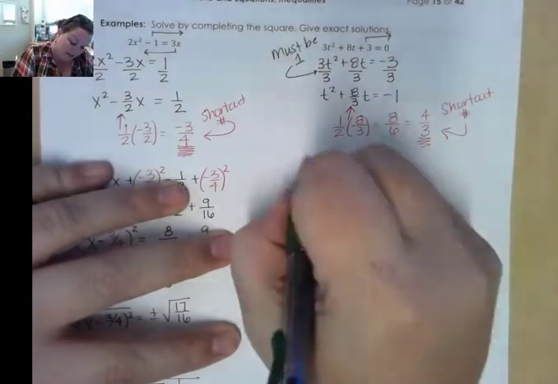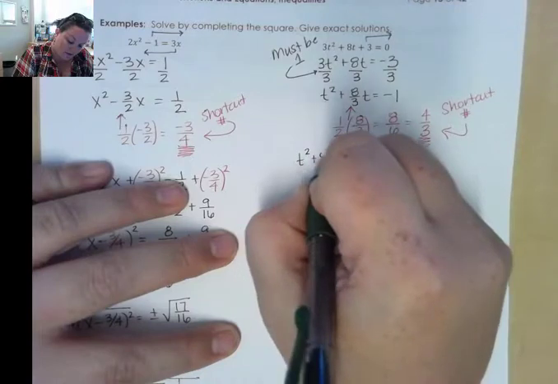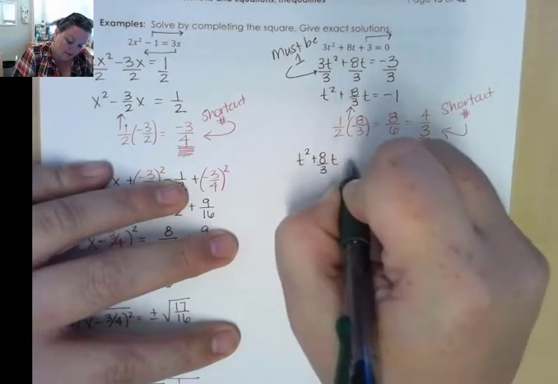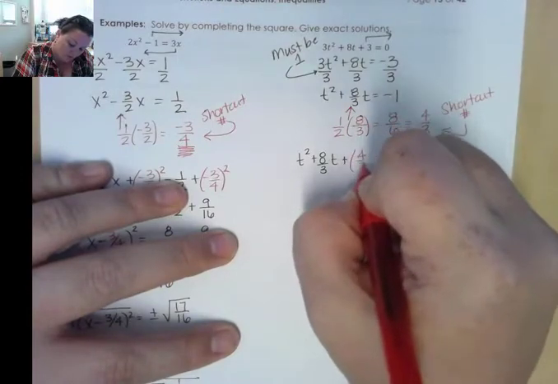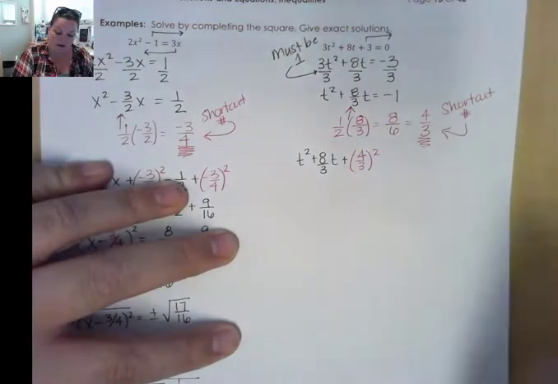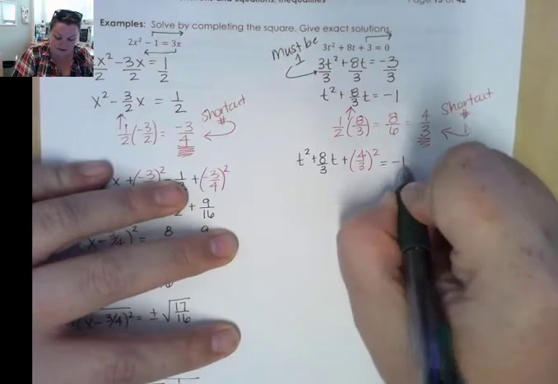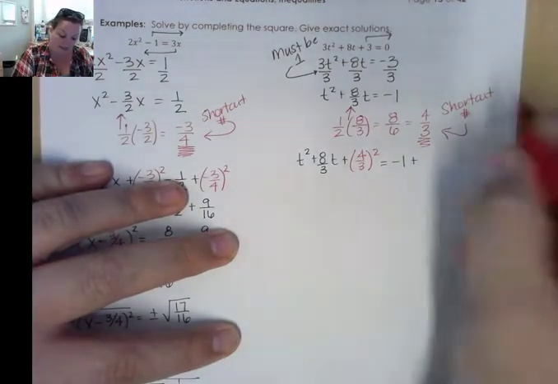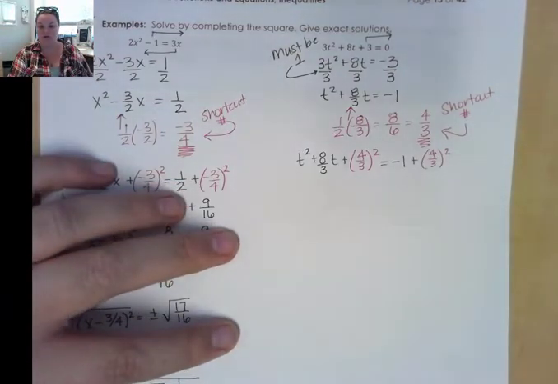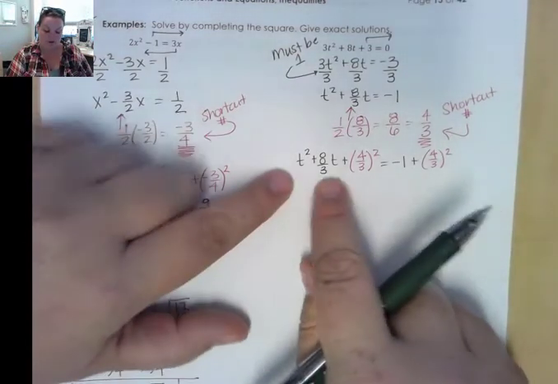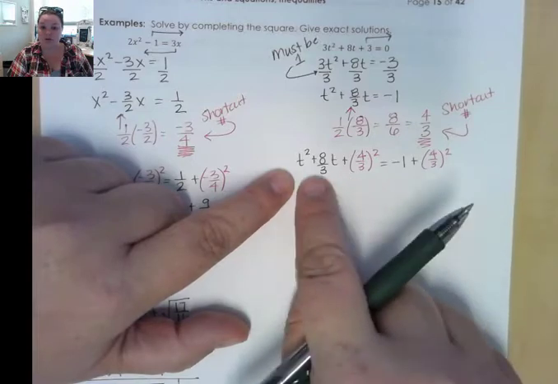So on the left-hand side, I have t squared plus 8/3 t plus, I'm adding in my shortcut number squared, so 4/3 squared. On the right-hand side, I have the negative 1 that was there, and I'm adding in my shortcut number squared, so 4/3 squared. Okay. So now this should create a perfect square trinomial.